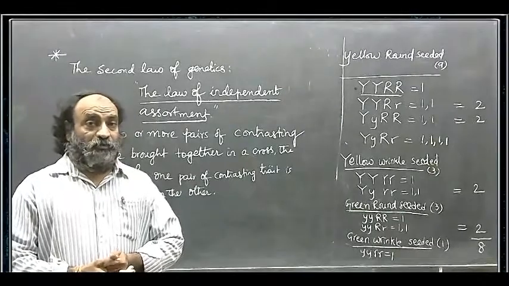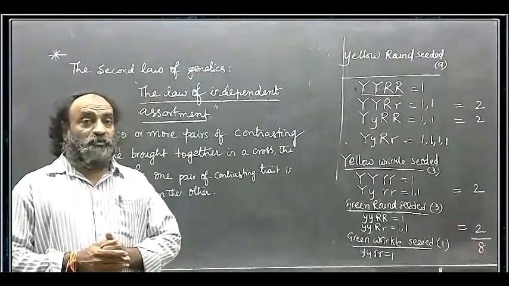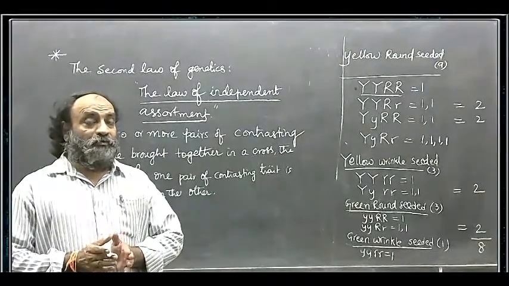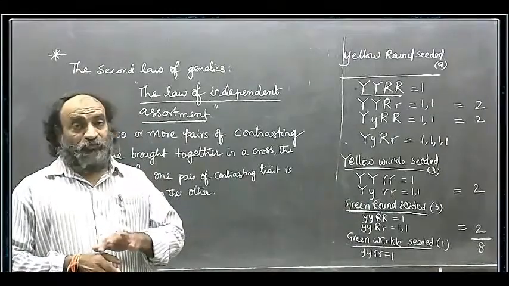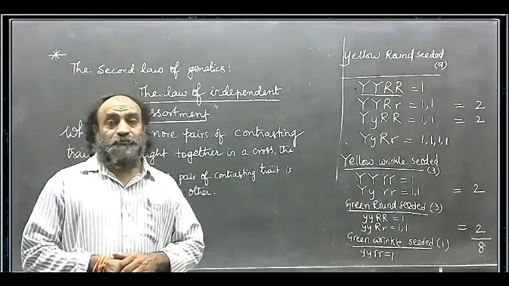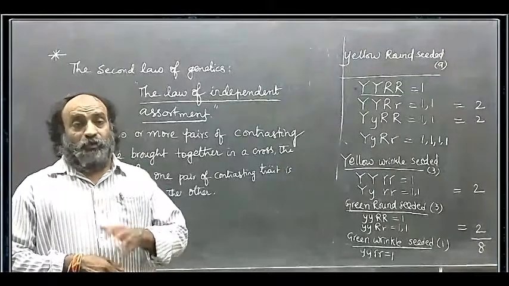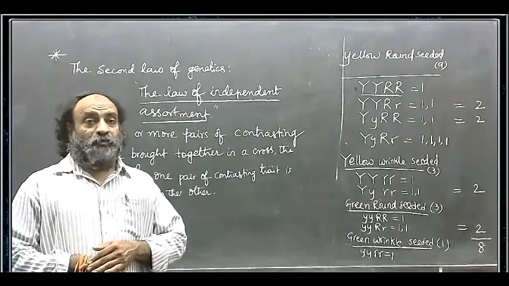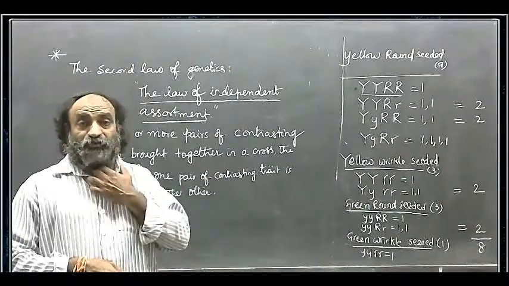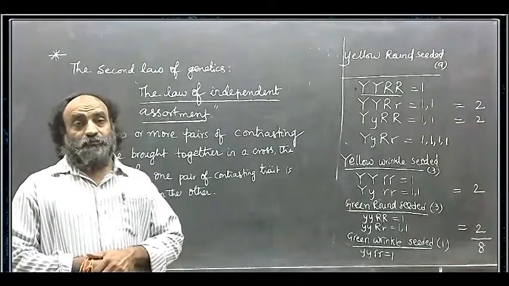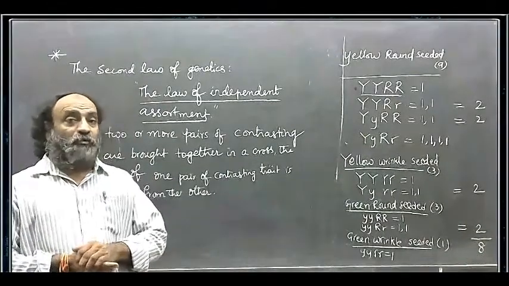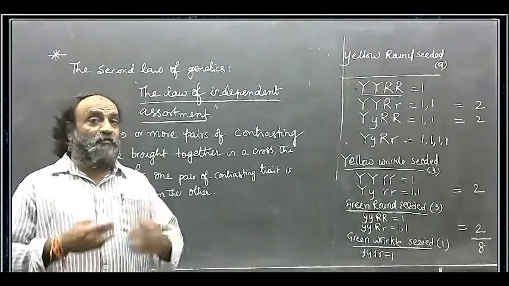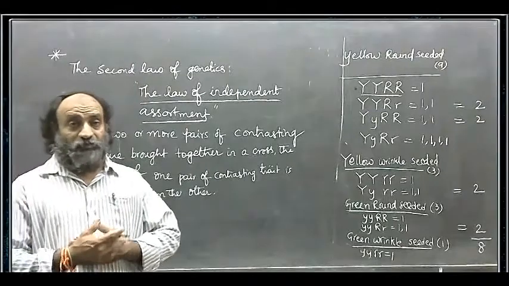They are located on the first pair of chromosomes in the pea plant. And similarly, the genes or alleles responsible for the shape of the seed are located on the seventh pair of chromosomes. Just try to have a recollection. We have discussed this already.